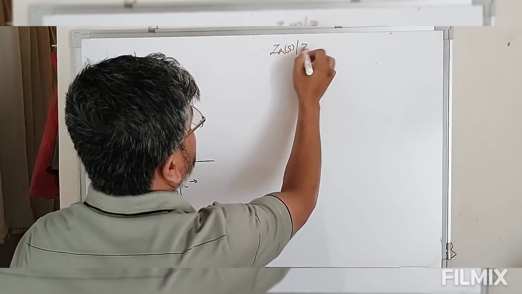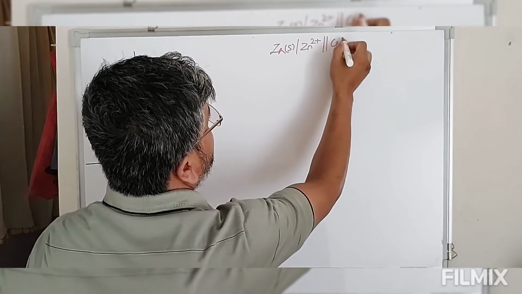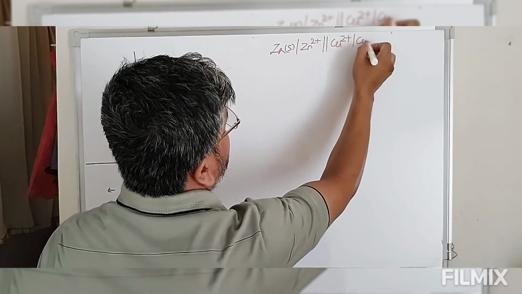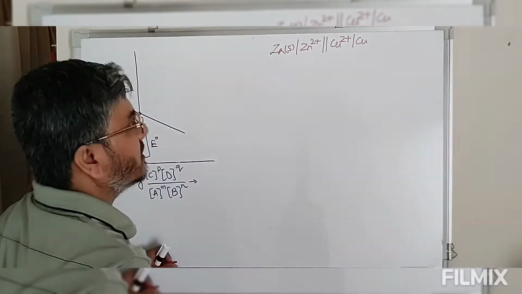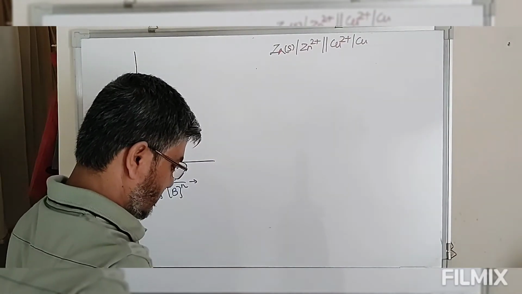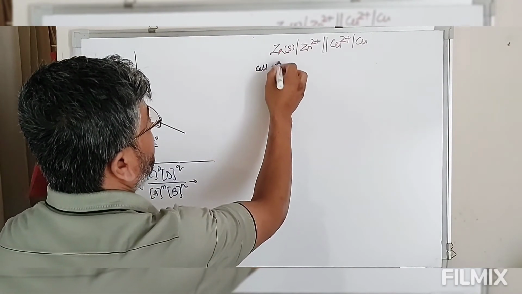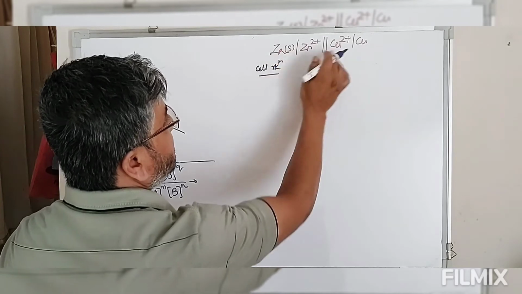Zinc solid, zinc 2 plus ion, suppose this is the cell. Now the net cell reaction: this is anode, this is cathode.